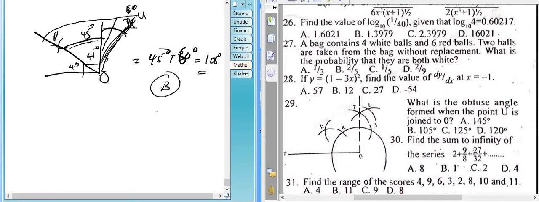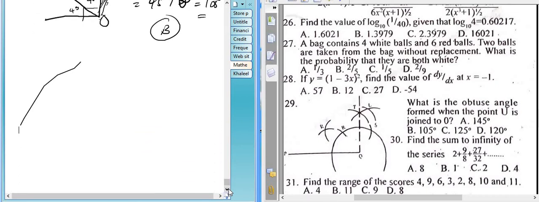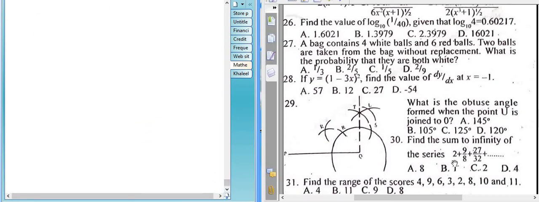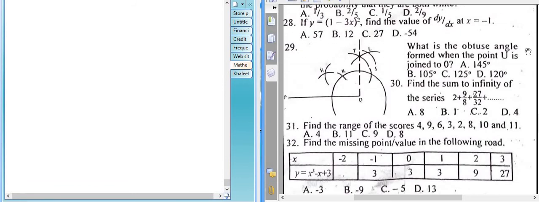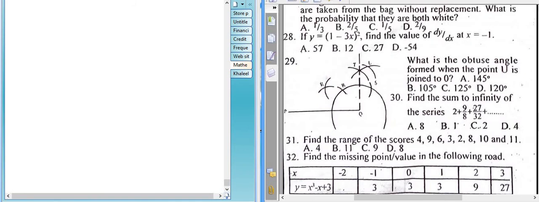The next question is going to be question 30. Question number 30 says the series is given.